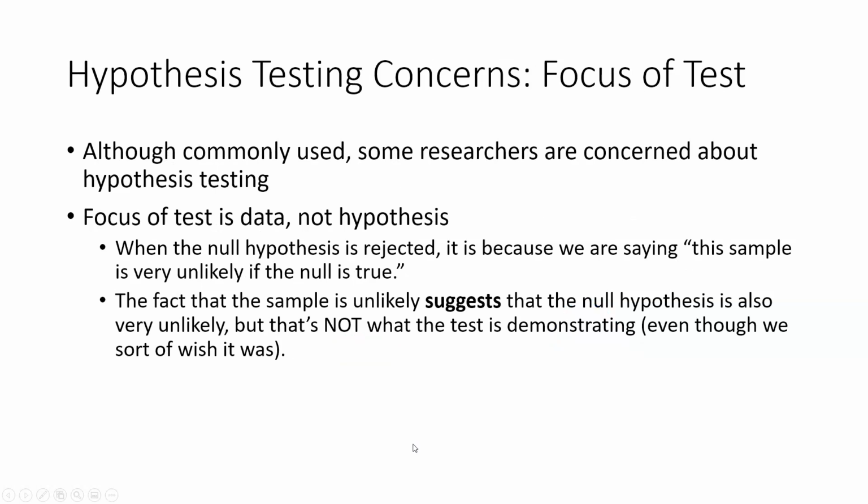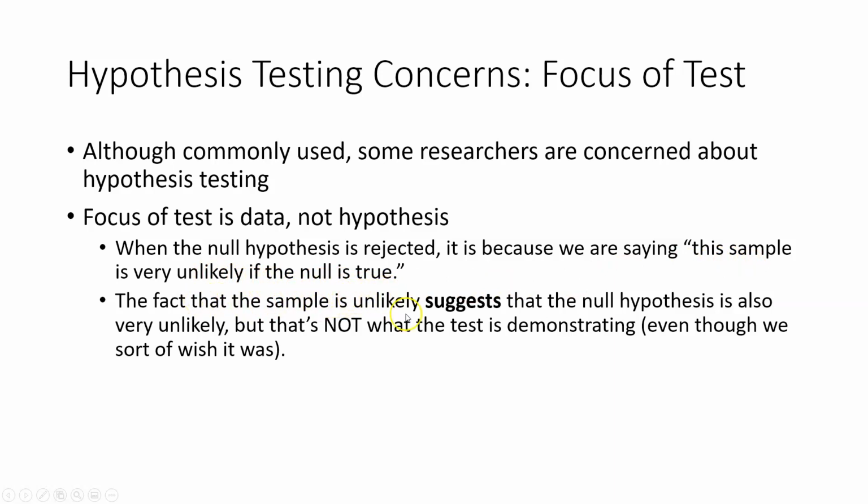Although commonly used, some researchers are concerned about hypothesis testing because the focus of the test is on the data, not the hypothesis. When the null hypothesis is rejected, it's because we're saying this sample is very unlikely if the null is true.